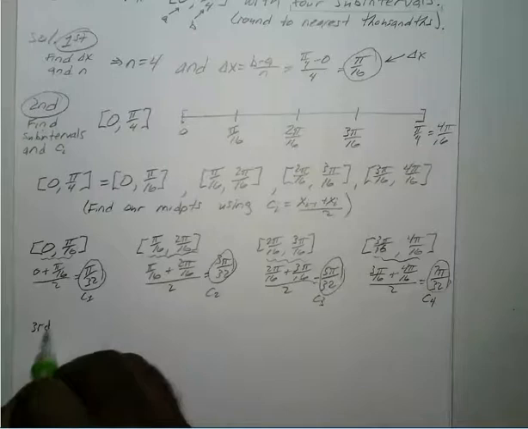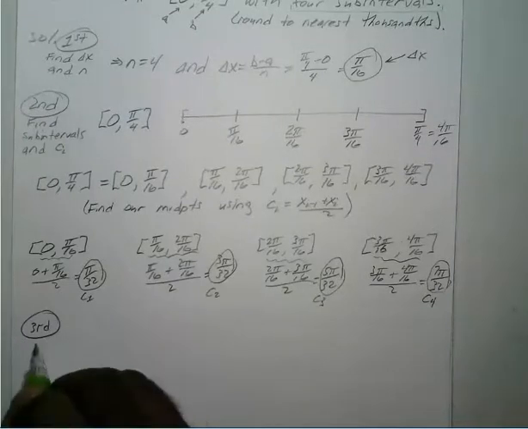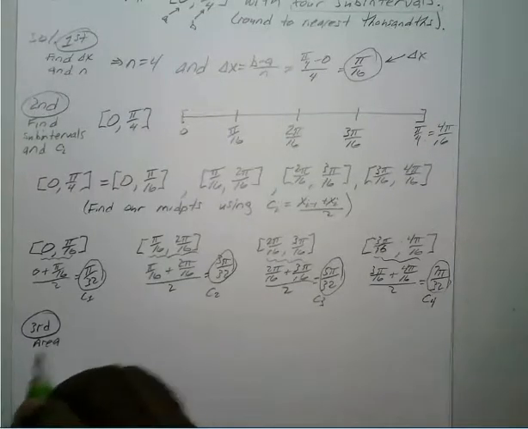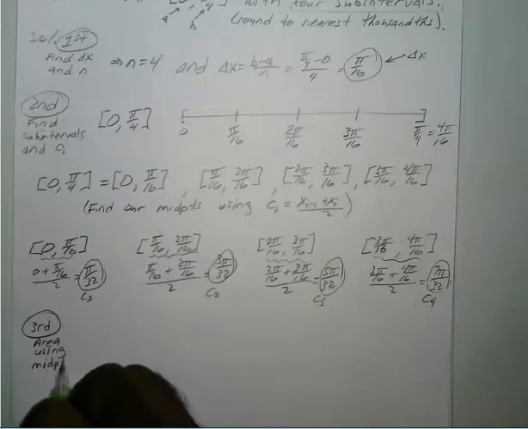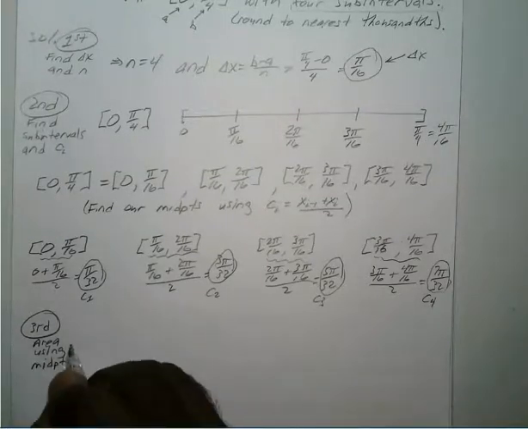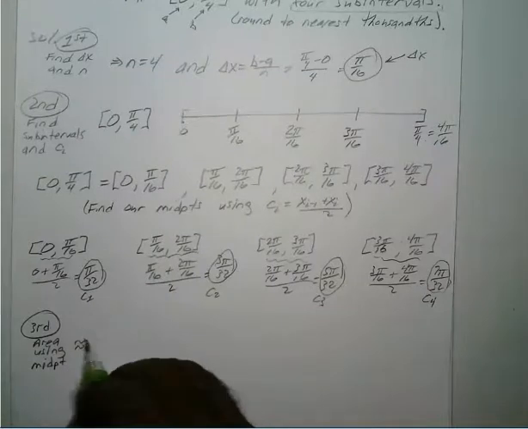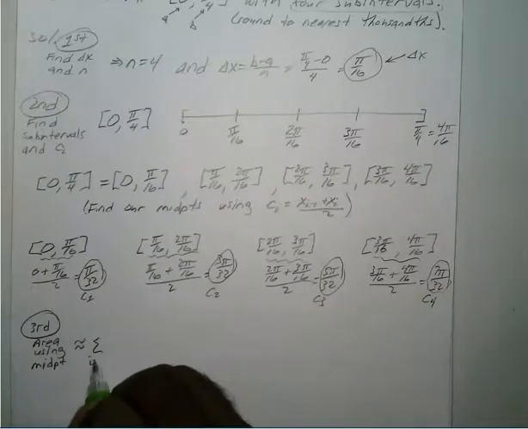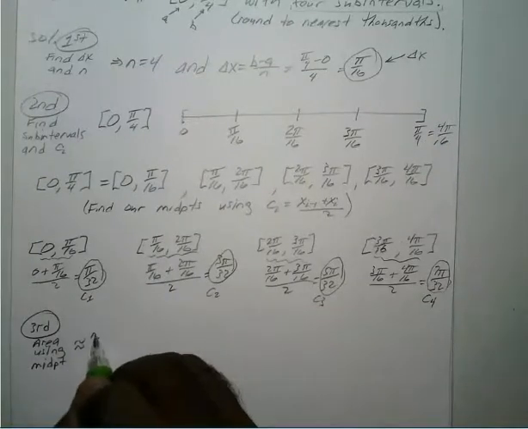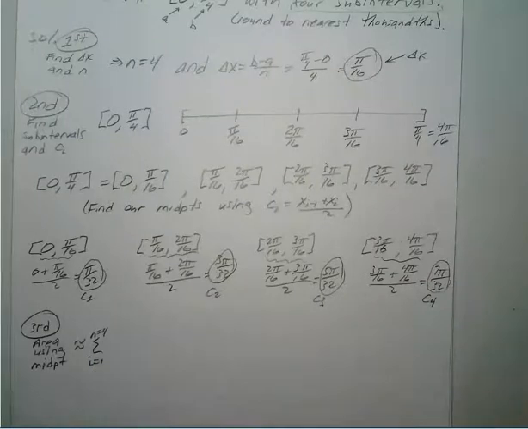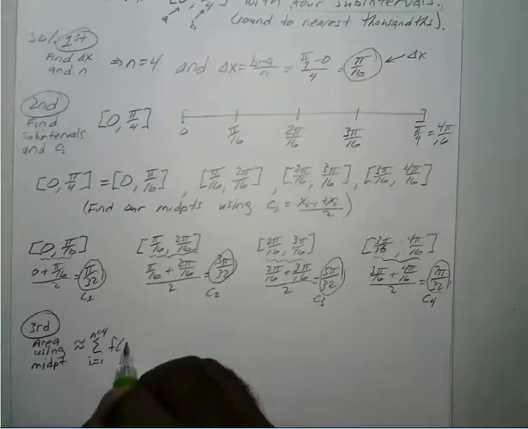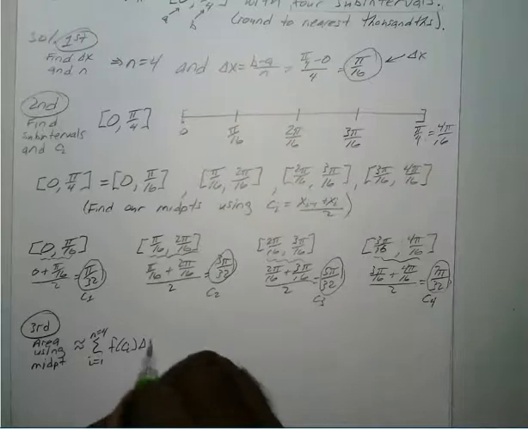Okay, which brings us to our third step, which is the area using the midpoint, which is approximately equal to the sum from i equals 1 to n, which is equal to 4, of f of C sub i times delta x.